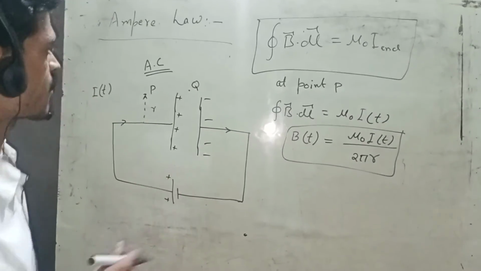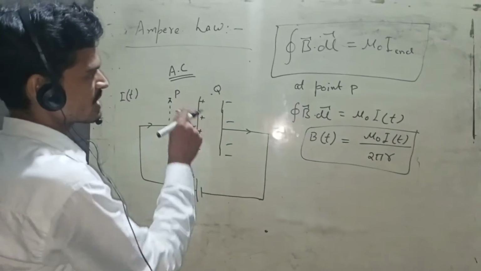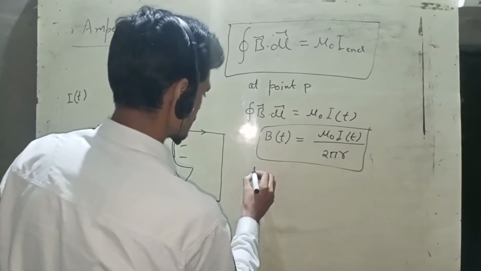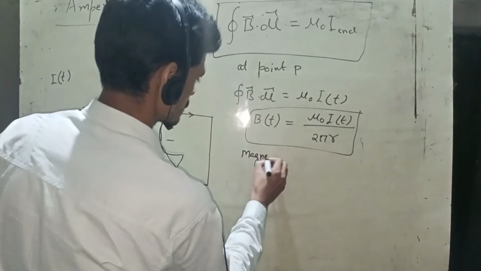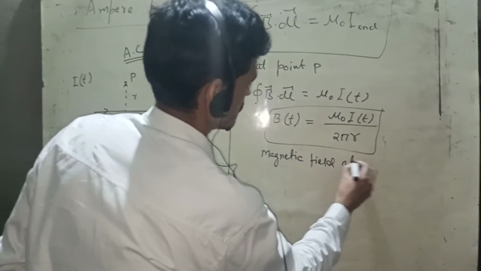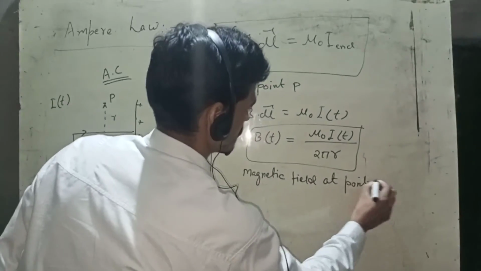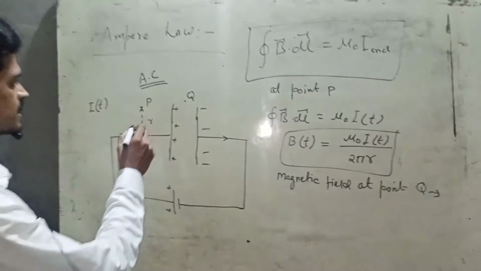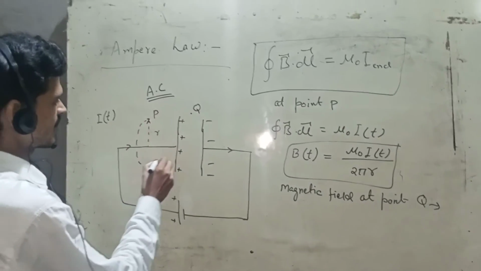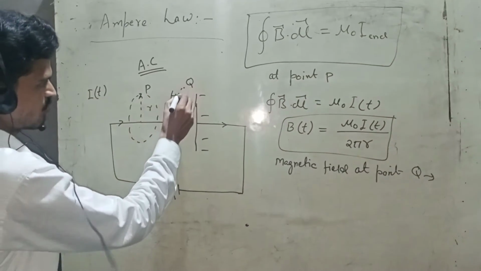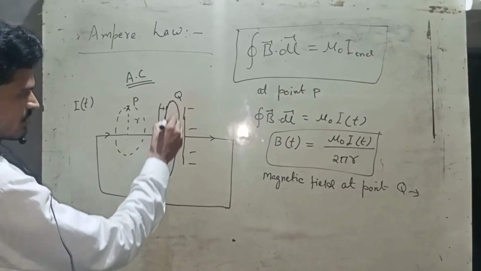Now suppose I am more interested in calculating the magnetic field at point Q. We have considered an Ampere loop and can easily find the magnetic field. Suppose at this point I want to find the magnetic field.